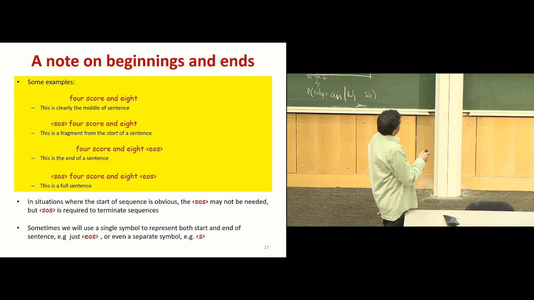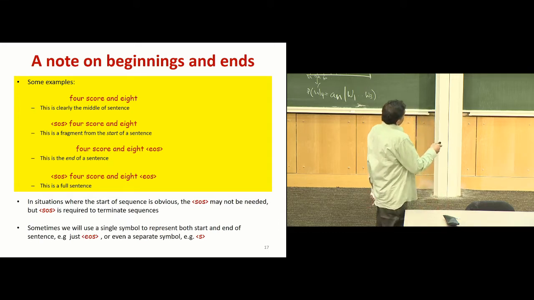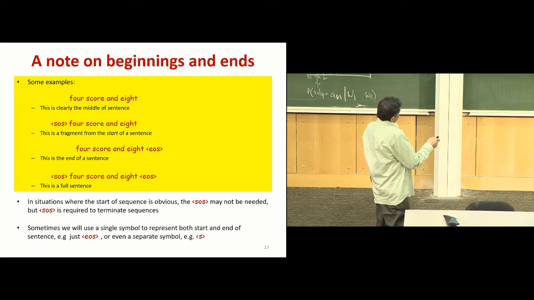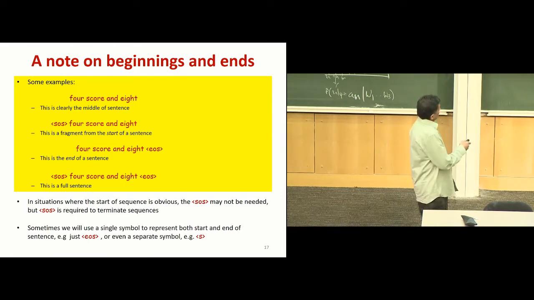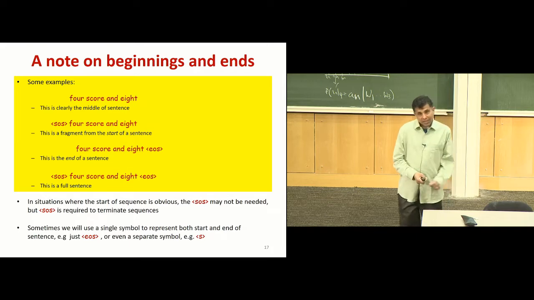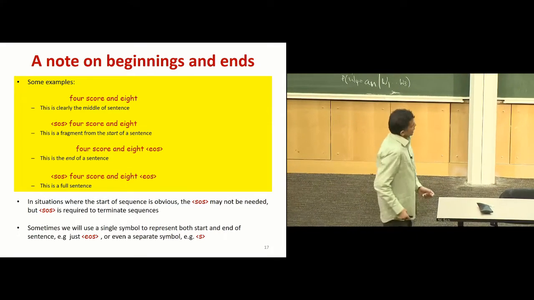Similarly, if I saw a sequence of words 4 score and 8 followed by the end of sequence symbol, then this clearly indicates that this is where the sentence terminates. So these 4 words represent the last 4 words in the sentence. And if I saw something like this, start of sequence 4 score and 8, end of sequence, that means that these 4 words represent a complete sentence from beginning to end.